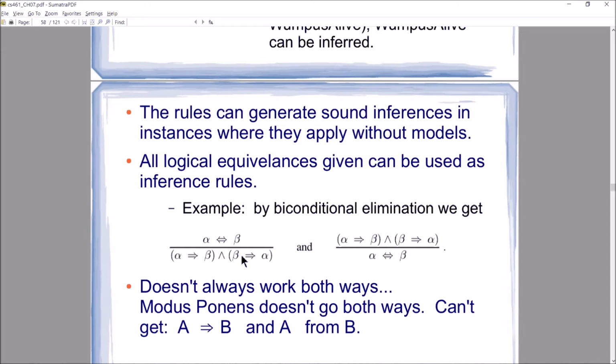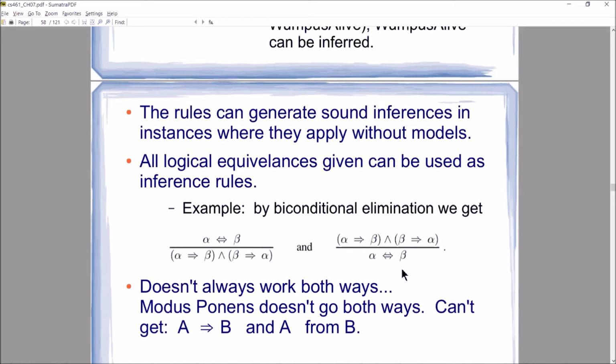If you remember how if and only if works, for that to be true, it has to work in both directions. So alpha has to imply beta and beta has to imply alpha. But the reverse is true too. You can substitute alpha implies beta and beta implies alpha. If that's one of your sentences in your knowledge base, you can replace it with the bidirectional.